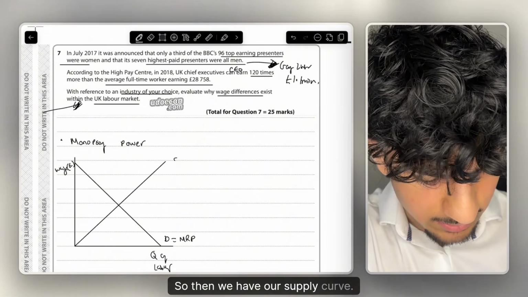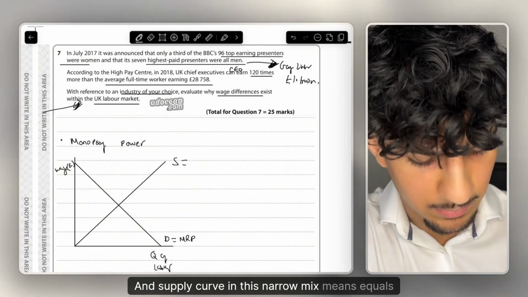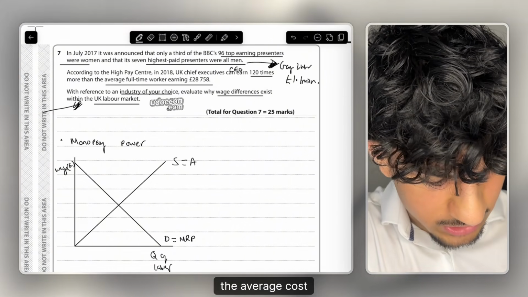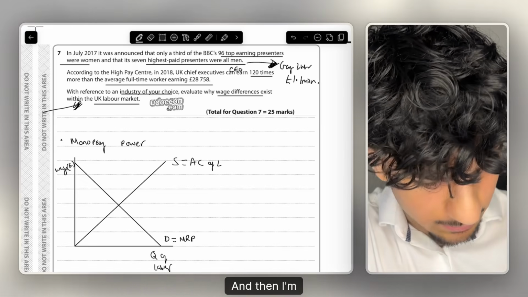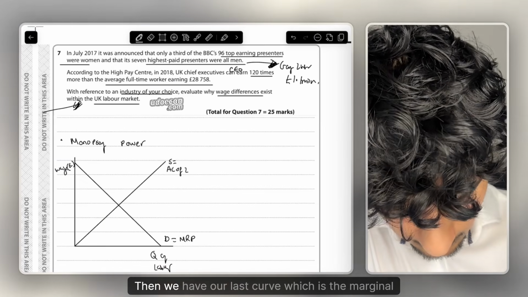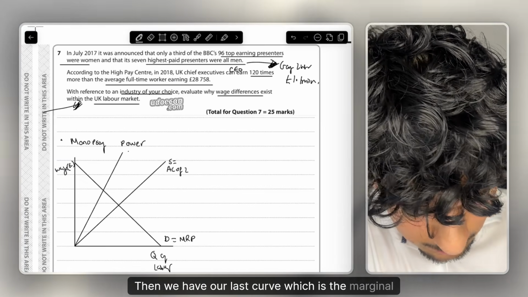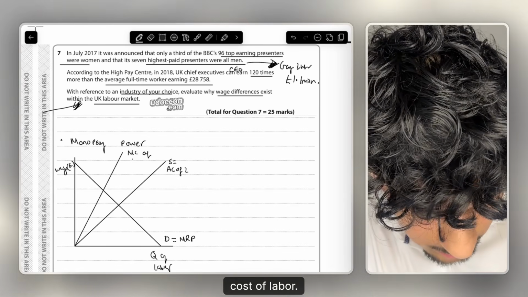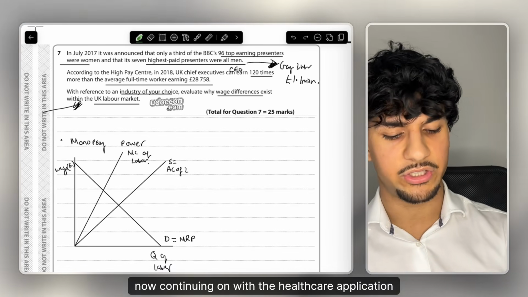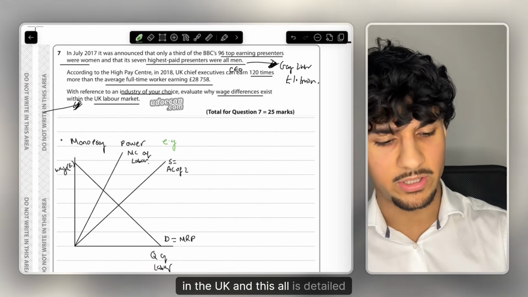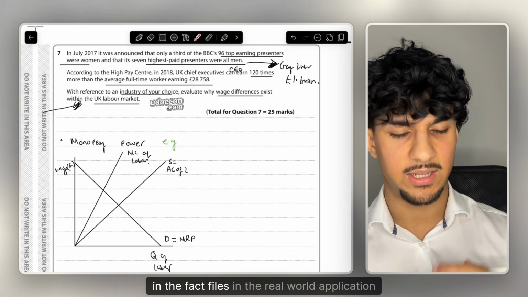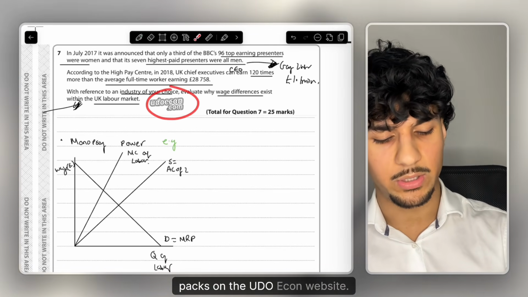So then we have our supply curve, and supply curve in this scenario equals the average cost of labour, and then we have our last curve, which is the marginal cost of labour. Now continuing on with the healthcare application in the UK, and this is all detailed in the fact files in the real world application packs on the UDO Econ website.